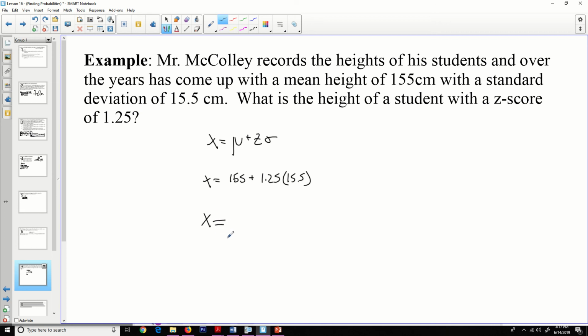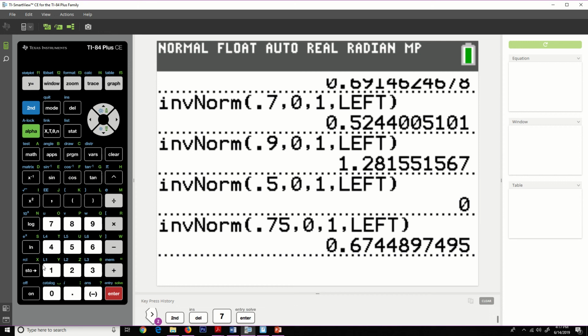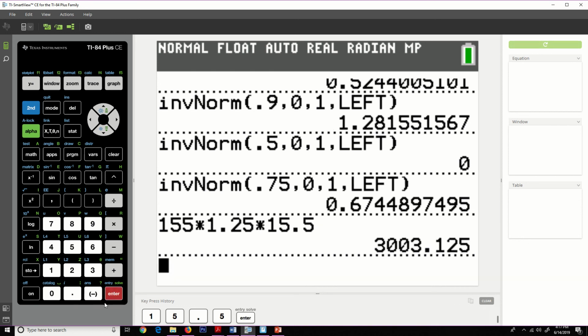Let's multiply that out. 155 times the z-score 1.25 times the standard deviation of 15.5, and we get, oh, what did I do wrong here? Oh, I should be adding there. There's no way they're 3,000 centimeters high, that's silly.